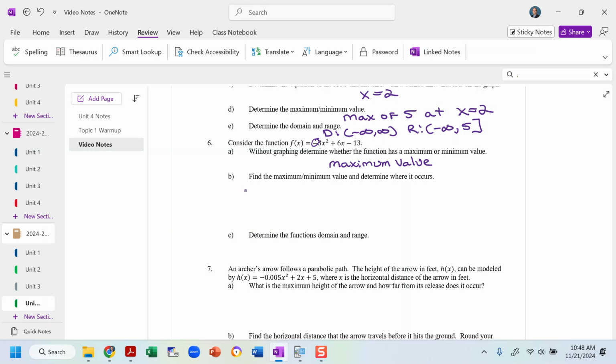Well, we know to find x, it's negative b over 2a, which is 1. And to find y, we put that 1 back in. So we get negative 3 plus 6 minus 13, which is negative 10.